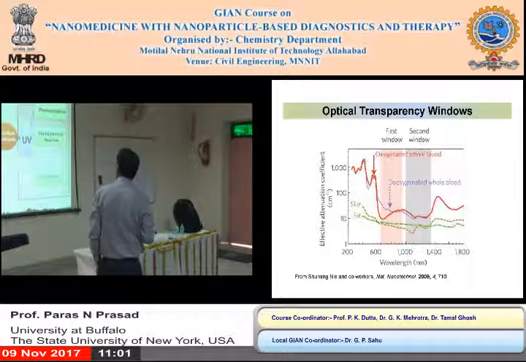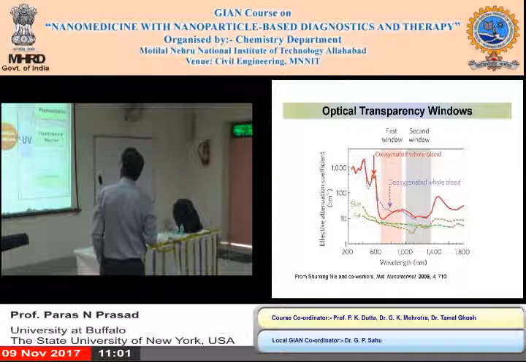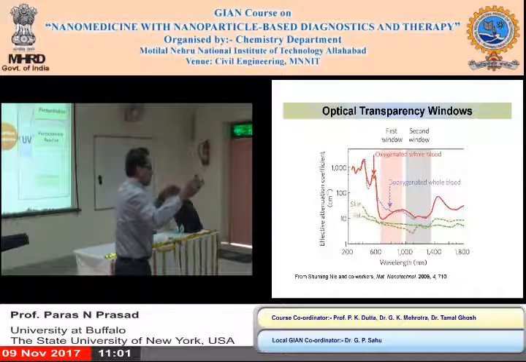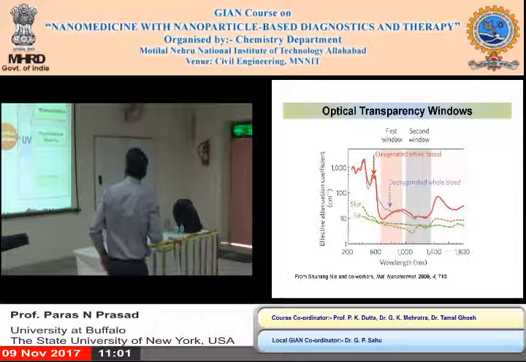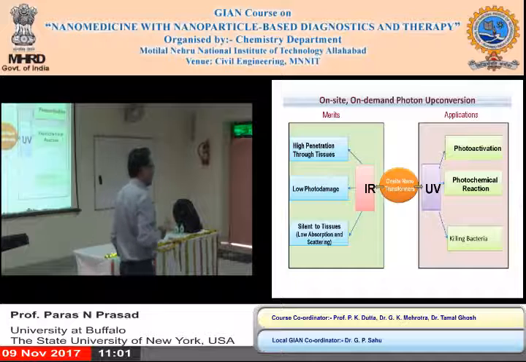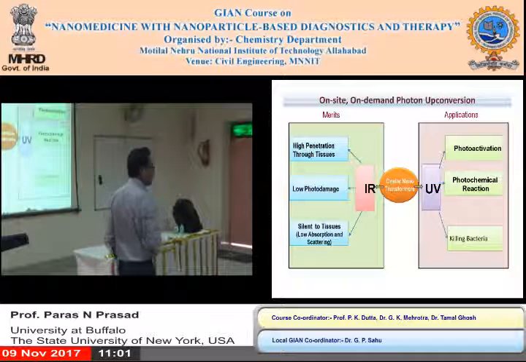Upconversion. So how do we use upconversion in biology? We can do one upconversion when you go from IR to IR, like 980 nanometer to 800 nanometer. That's much more useful because you can penetrate deep through tissue, no photo damage, and there is less absorption and scattering of those wavelengths, so they are much more suitable for imaging.